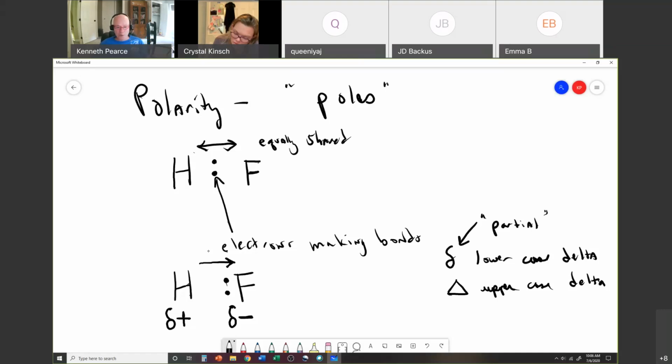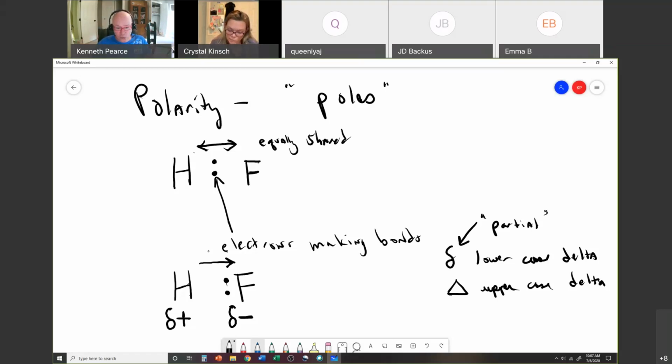Okay, so there's a partial positive and a partial negative. And if you've had calculus, and you may have done derivatives, you will have seen lowercase deltas, like the derivative of x with respect to y. Well, that means the partial of x with respect to y. Well, it's the same thing here. When we're talking about partial positives and partial negatives, we use a lowercase delta to indicate that.